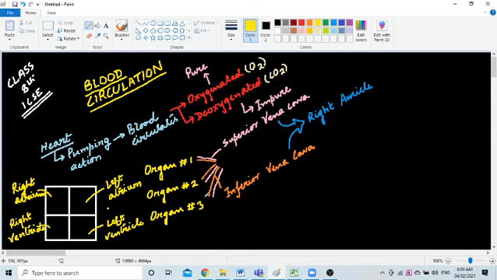So now, from the right auricle, this blood goes to the pulmonary artery, right?